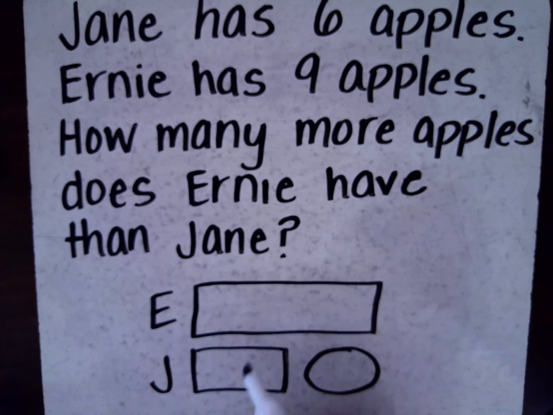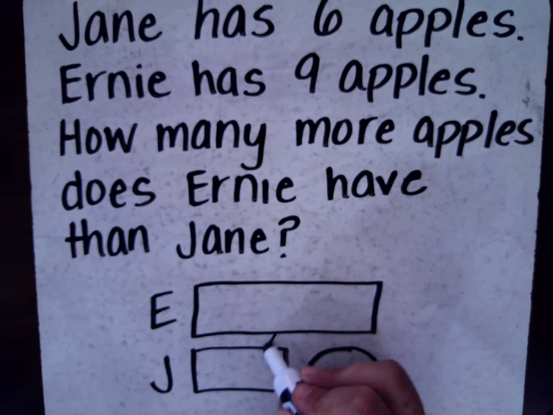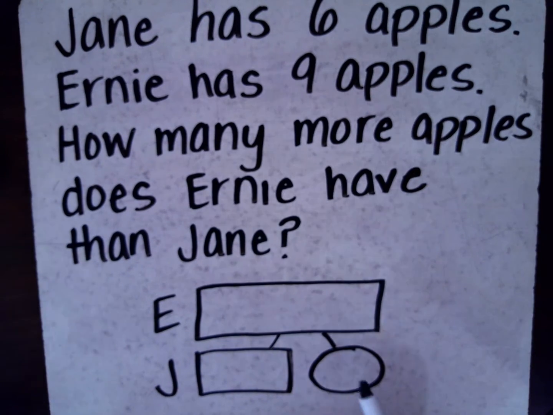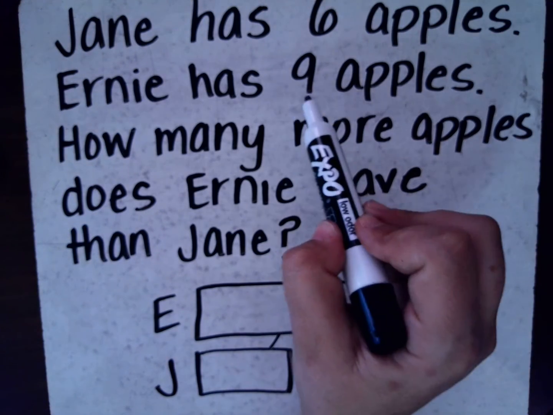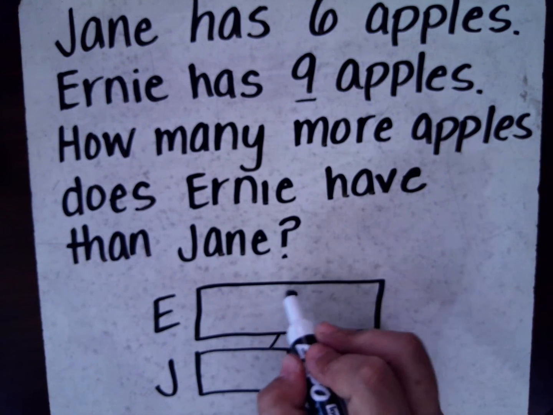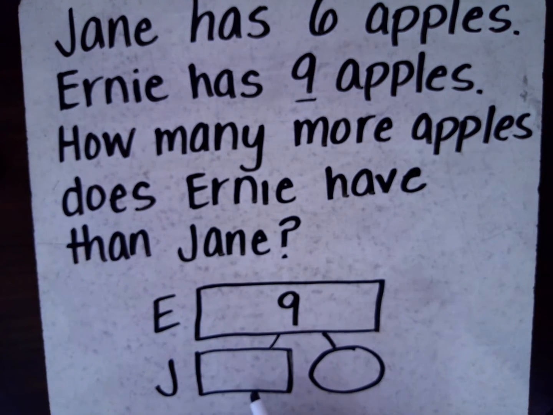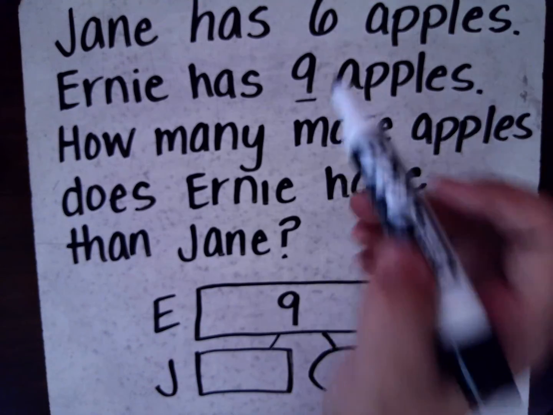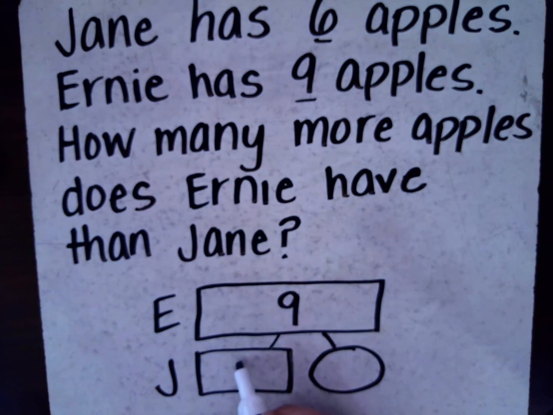Then I need to fill in my boxes and my circle. So this is very similar to a math mountain. I'm going to put whatever the person has in the box. So if I know how many Ernie has, I'm going to put it in the box. So I know that Ernie has 9 apples, so I'm going to put a 9 right here. Now, do I know how many Jane has? Yes, I do. I said that Jane has 6.